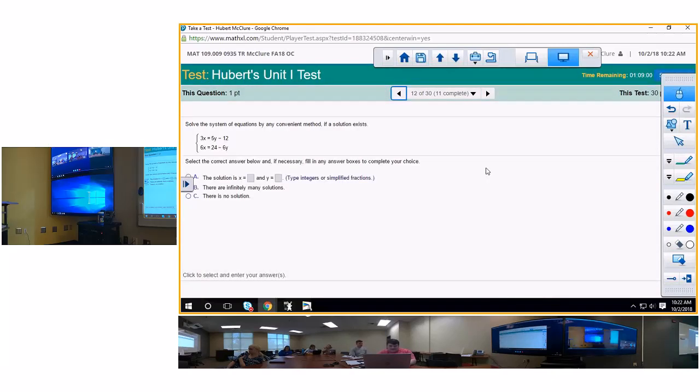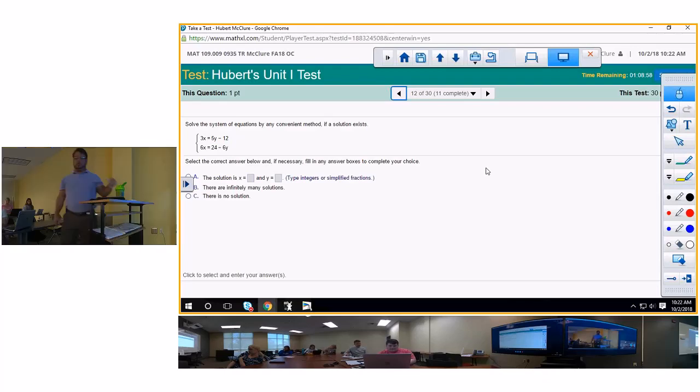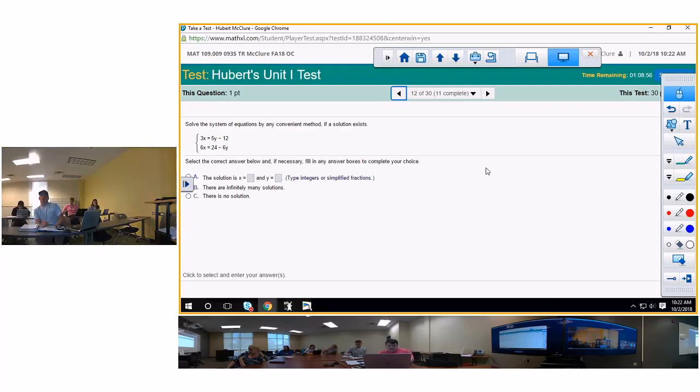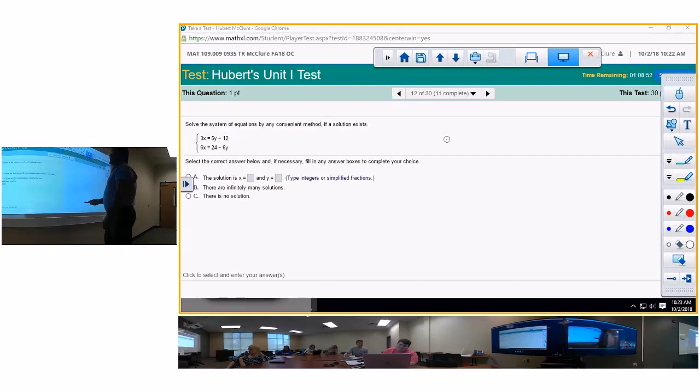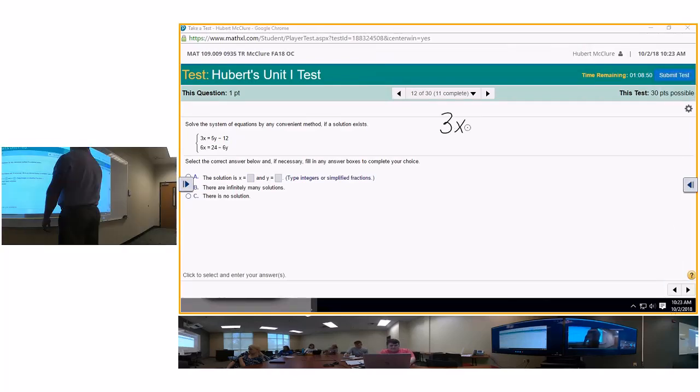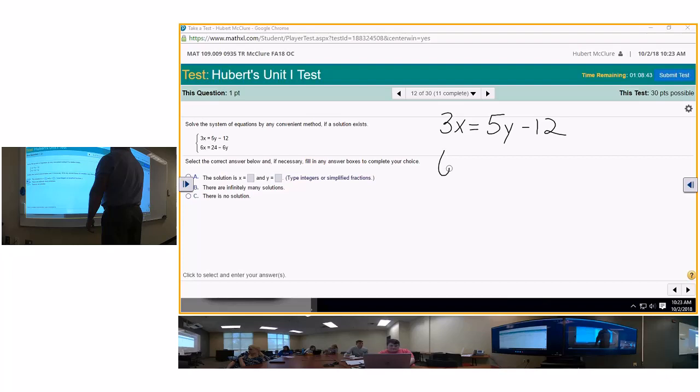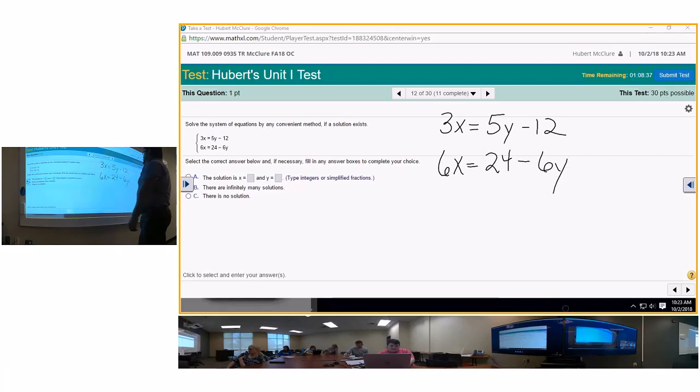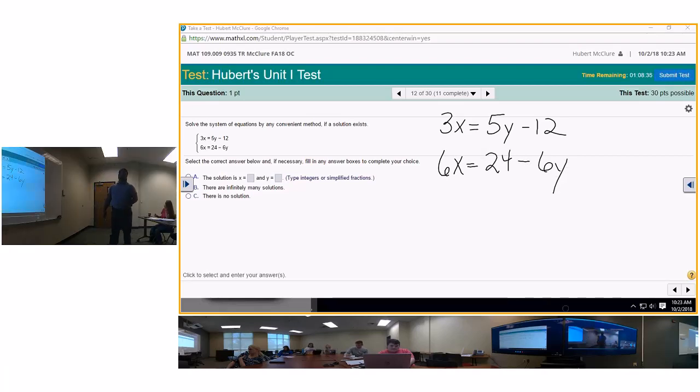There's the first one: 3x is equal to 5y minus 12, and 6x is equal to 24 minus 6y. And once you write it the way it's supposed to be written, then I would probably use elimination on this one.